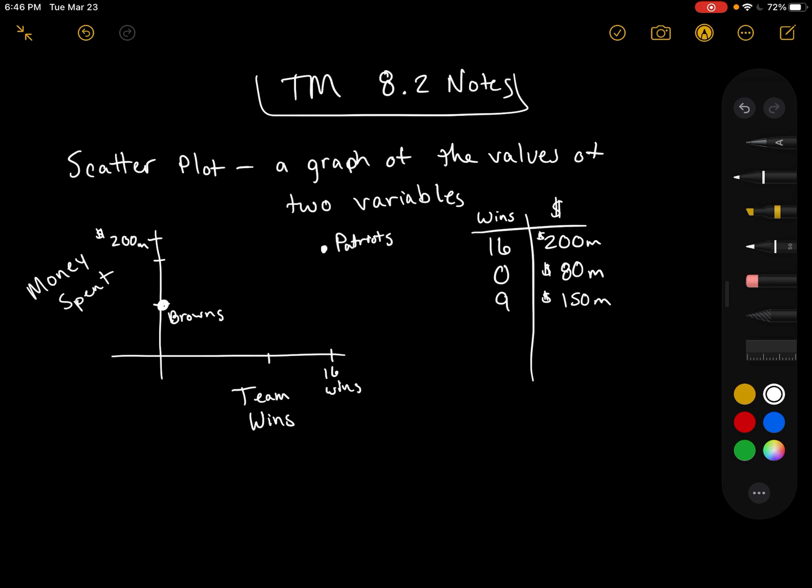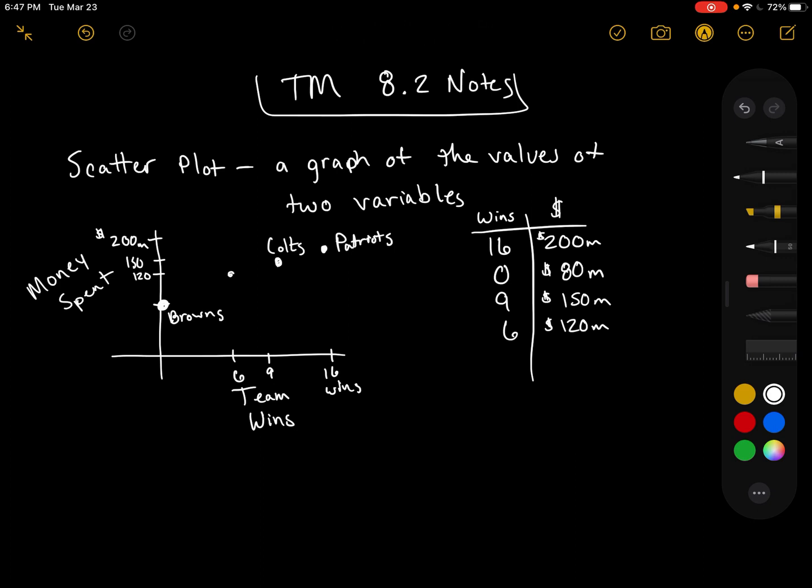They win 9 games, and their budget is 150. Somewhere over here. And again, this is just some loose estimates of what this might look like. And then maybe if we have 6 wins, a little bit cheaper, maybe it's 120 million for that budget. So these would all be values that would be given to us in a table.